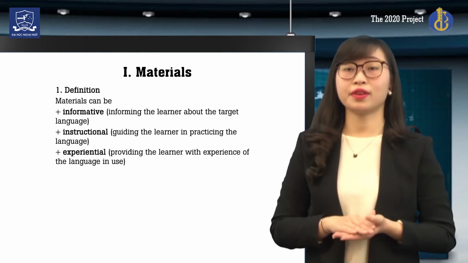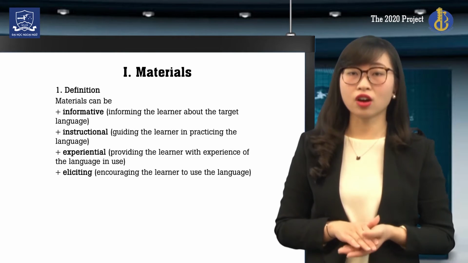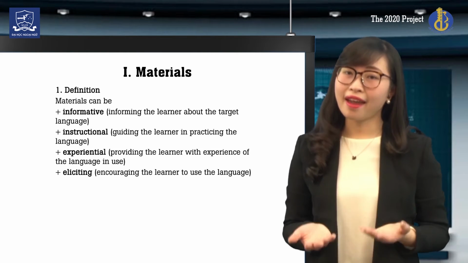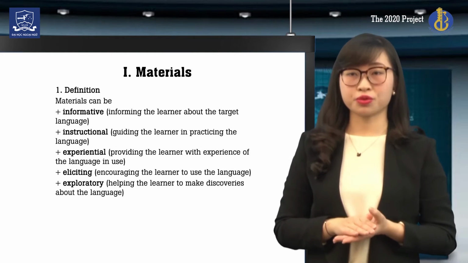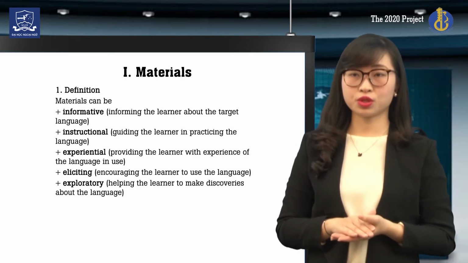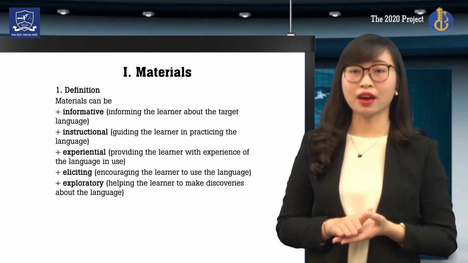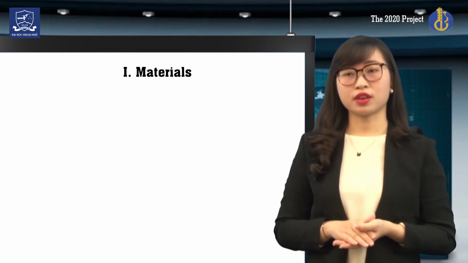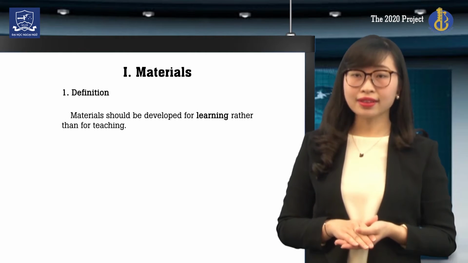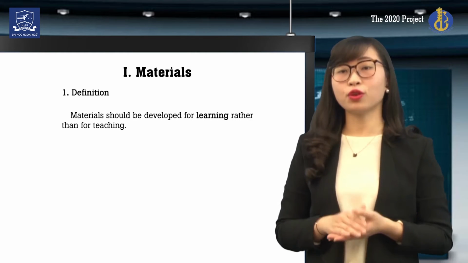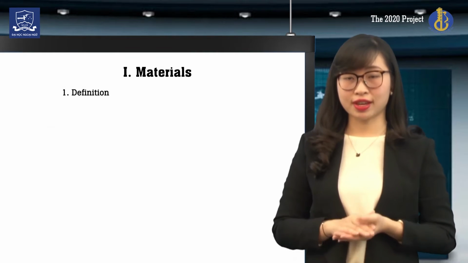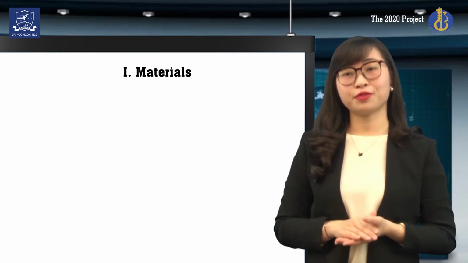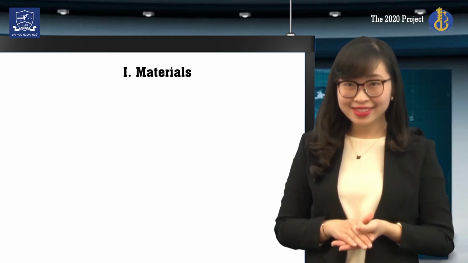Materials can also be eliciting as they encourage the learners to use the language. And they can be exploratory as they help the learners to make discoveries about the language. One more thing to remember is that materials should be developed for learning rather than for teaching. So now, you are clear about the definition of teaching materials, right?